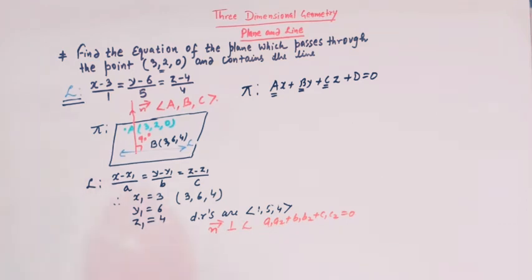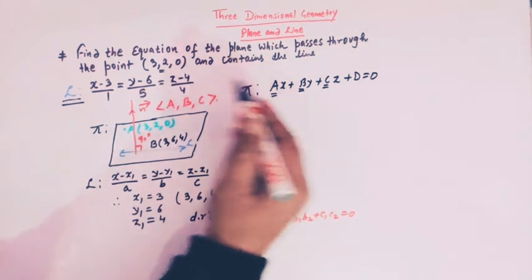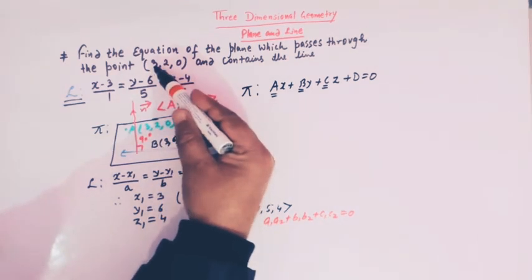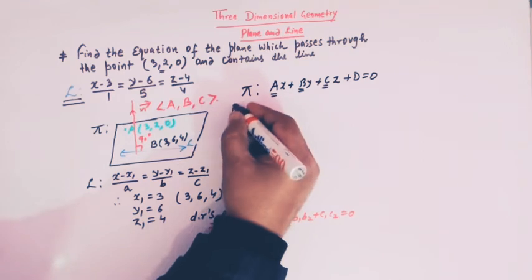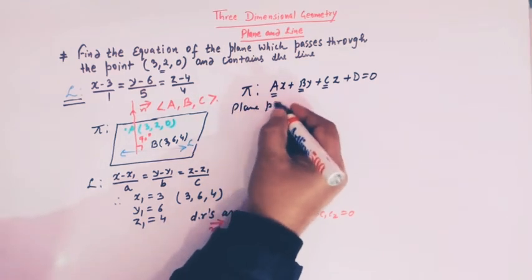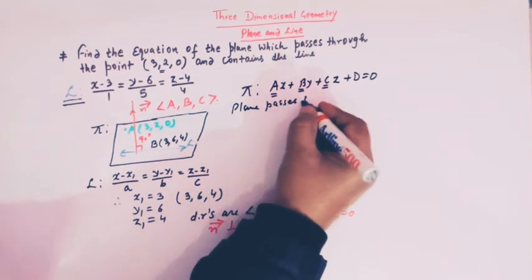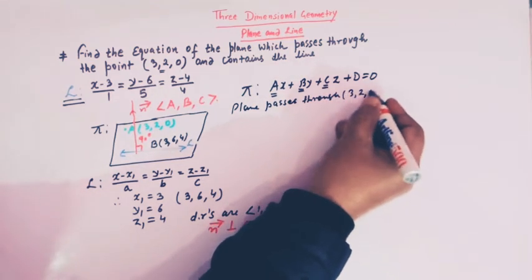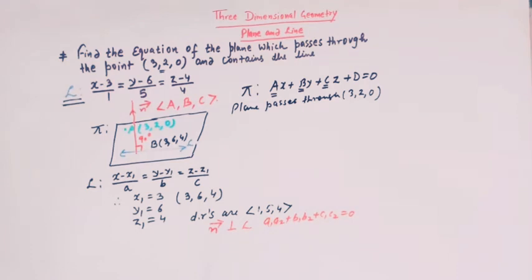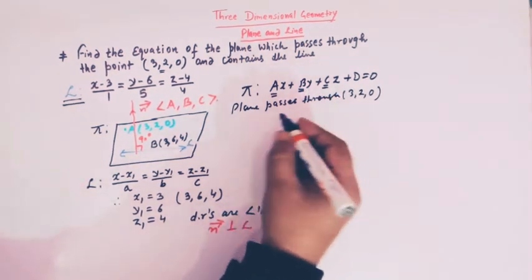Now this plane passes through the point (3, 2, 0), so it should satisfy this equation.